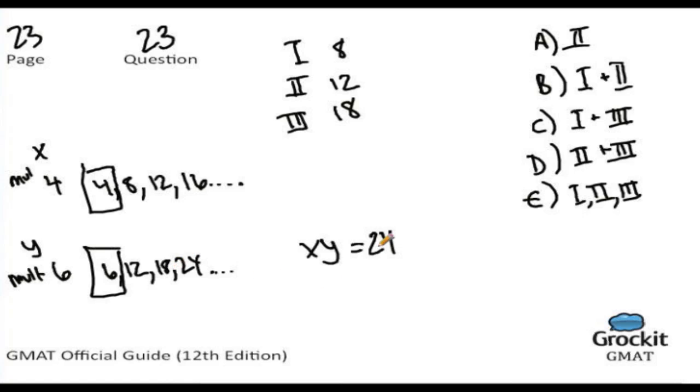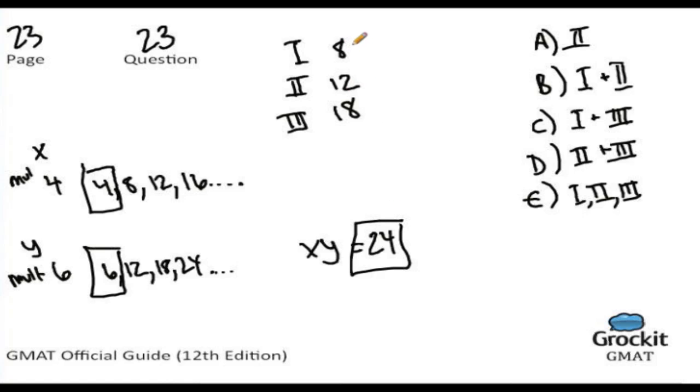But whatever it is, it's also going to have the same factors that 24 does. So what we basically do is we look at the Roman numerals and ask which of these are also factors of 24, because whatever x times y is, it will also have the factors of 24 as its factors.